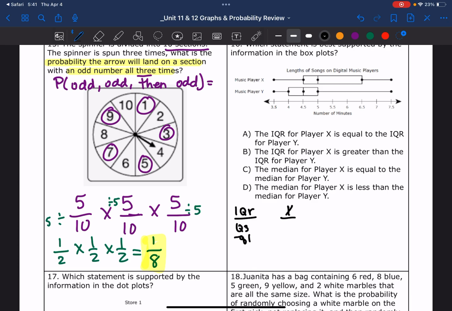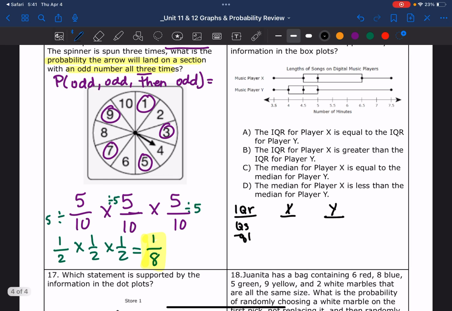Down here, I'm going to do player X and player Y. Player X is going to be 6.5 minus 4.5. I know that 5 minus 5 is 0. 6 minus 4 is going to be 2. So that means that the IQR for player X is 2. Now let's look at Y's.